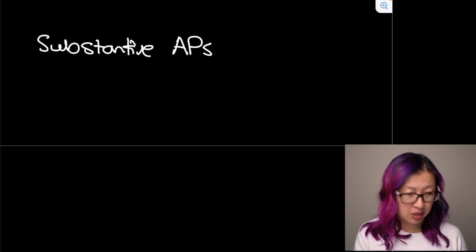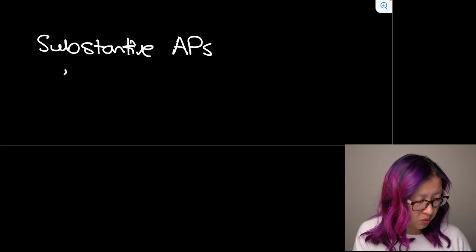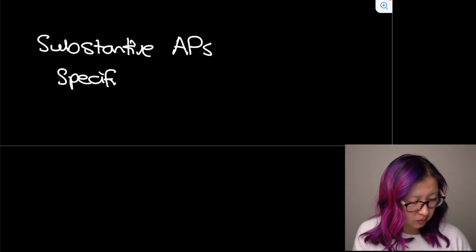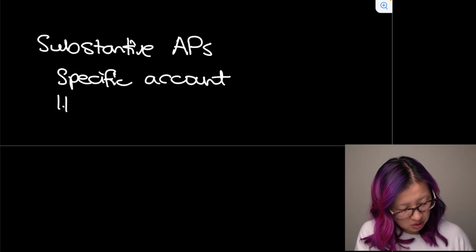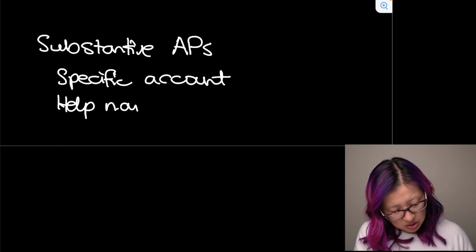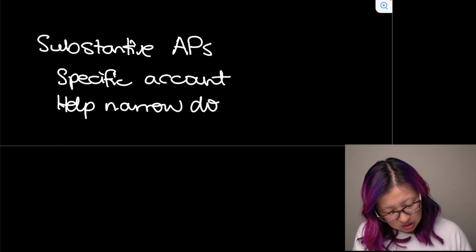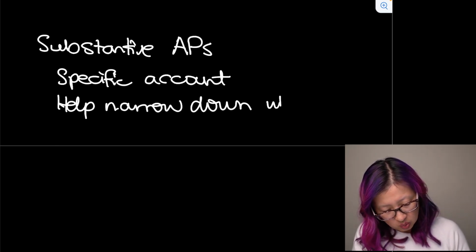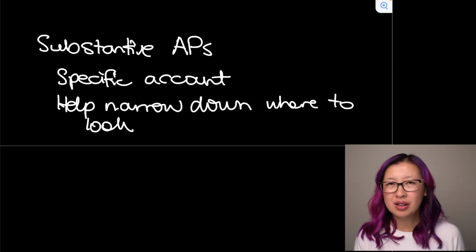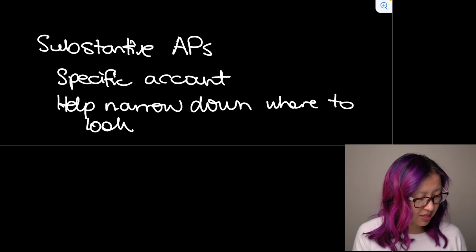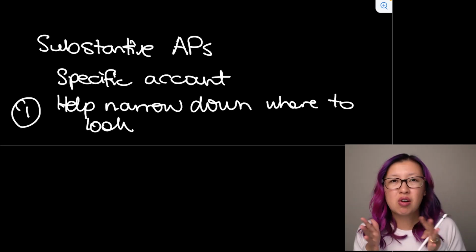So substantive analytics will typically be run on a specific account. All right. And again, it's helping you narrow down potentially where to look. All right, so substantive analytics can be used in a couple of different ways. That first one is to help you narrow down where to look.